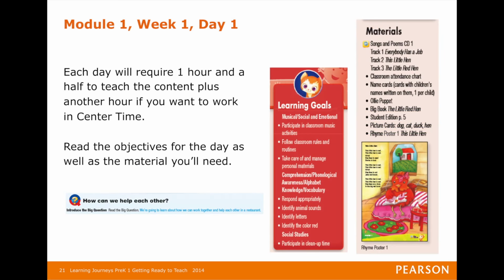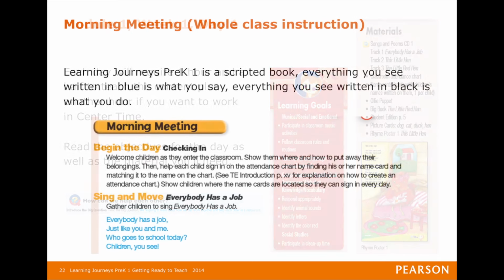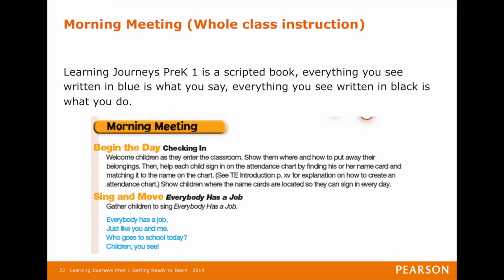Module 1, Week 1, Day 1. Each day will require 1 hour and a half to teach the content plus another hour if you want to work in center time. Read the objectives for the day as well as the material you will need. Look at the big question and the question of the week. This is your first morning meeting. Do as the teacher's guide suggests and show children where to put their school bag and lunchbox.